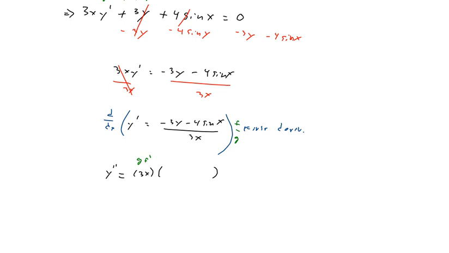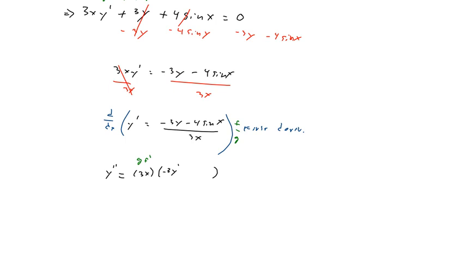The derivative of negative 3y is negative 3y prime. My chain rule says the y without an exponent just falls away, and I get the negative 3 part, and then the derivative of the y is the y prime.